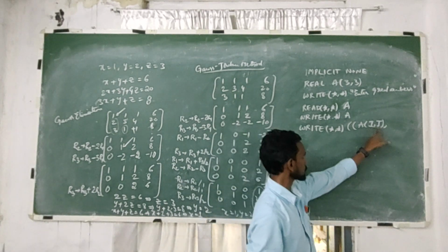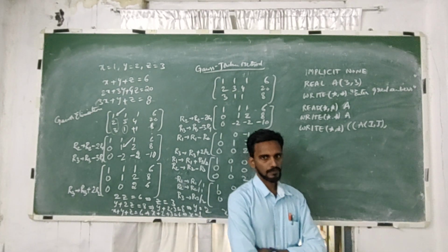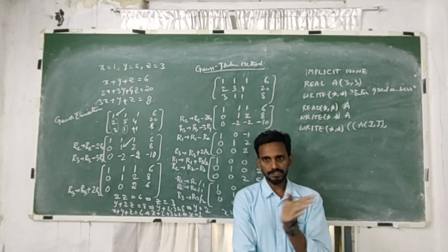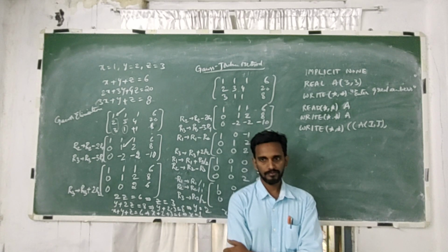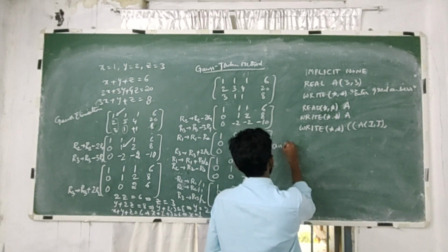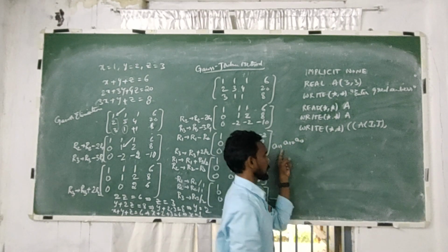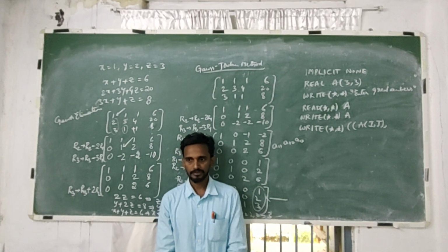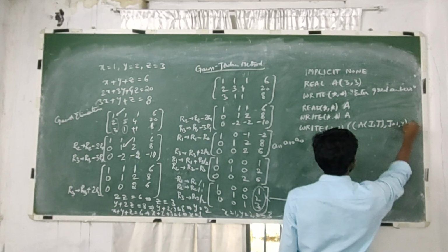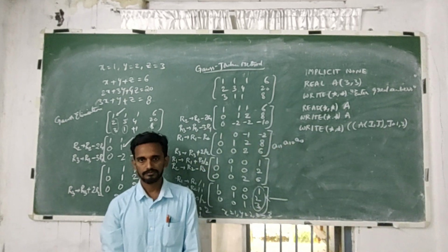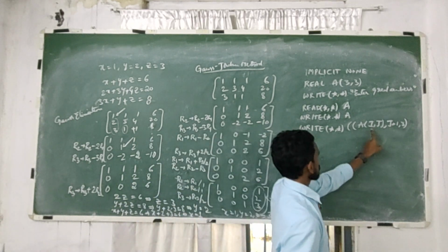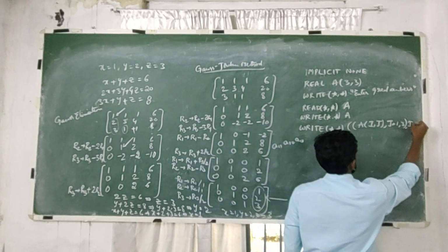The first index is for rows and the second index is for columns. I want to print the first row first, then the second row, then the third row in sequence. So the variables are A11, A12, A13. The column index should be changed first and then the row index. So J is 1, 2, 3, and then I have to change the I value.